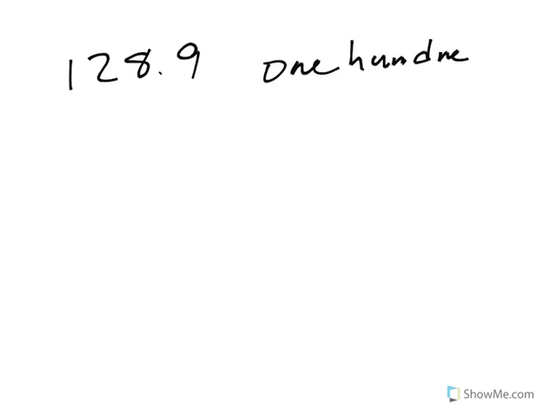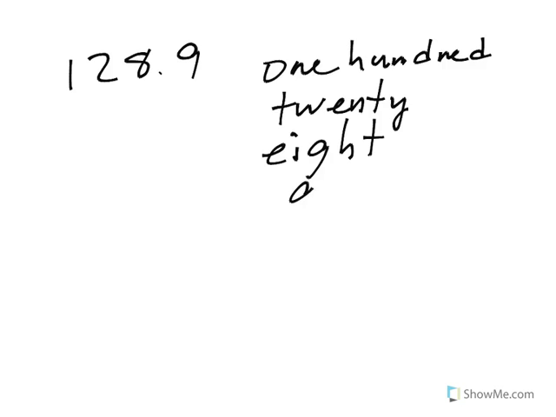So let's say we had the number 128.9, or if you're writing this very, very carefully, you would say 128 and 9/10.